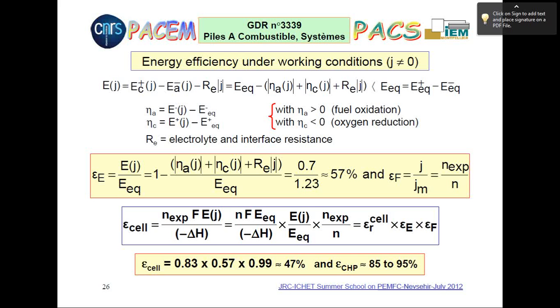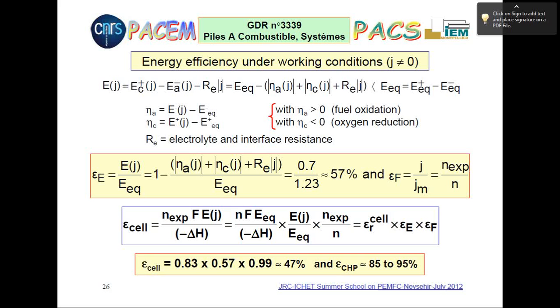And if you also have electrolyte interface resistance, you have ohmic losses. Because of these losses, you have a working cell voltage which is much lower than the equilibrium cell voltage at 0 current. So you can define what is called the voltage efficiency. Voltage efficiency is the ratio of the working cell voltage to the equilibrium cell voltage. You can make the calculation like that.